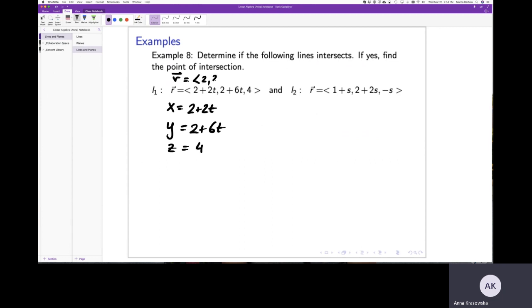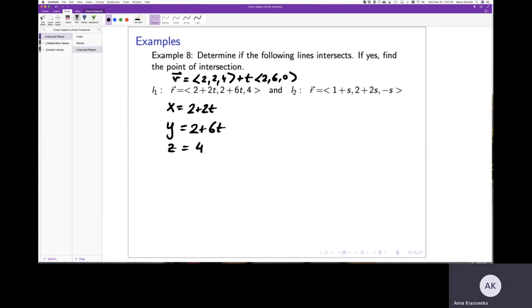Instead of writing (2, 2, 4) plus t(2, 6, 0) as a point and a direction vector along the line, I already added those 2 vectors. So we have first component, second, third. That's an alternative way of writing the equation of a line.